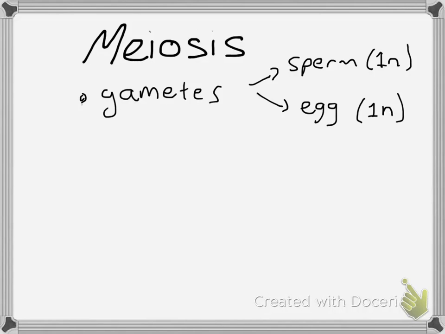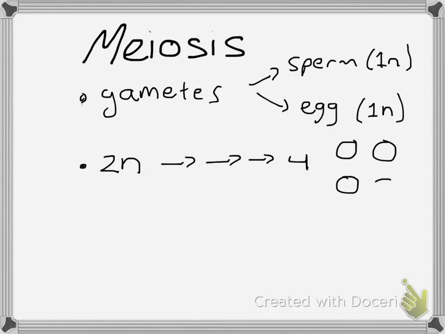So what we have to do is think about this idea that we're going to start with a diploid cell, and at the end of the day, through a series of steps, we are going to end up with 4 cells, all of which are haploid.